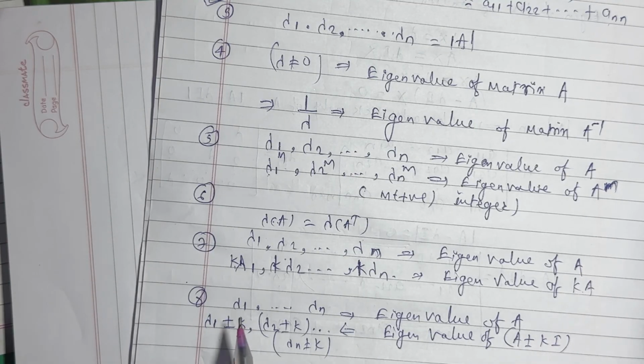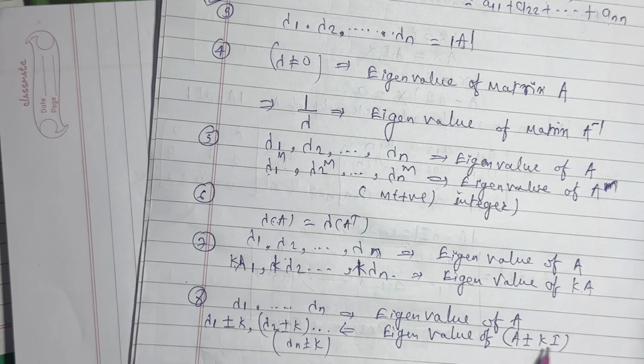If matrix A has eigenvalues lambda 1 to lambda n, then A plus or minus KI gives eigenvalues lambda 1 plus or minus K, lambda 2 plus or minus K, and lambda n plus or minus K.